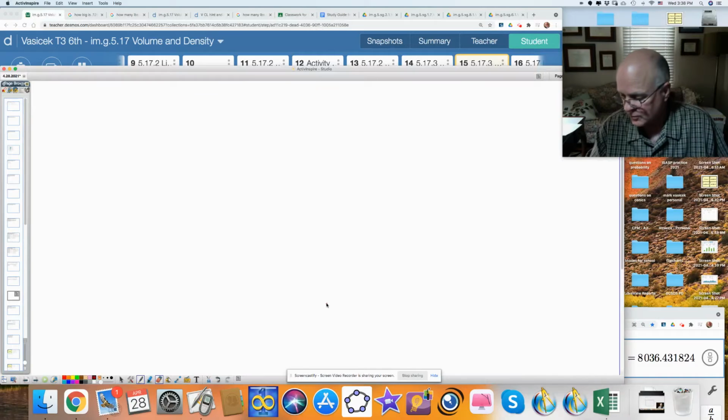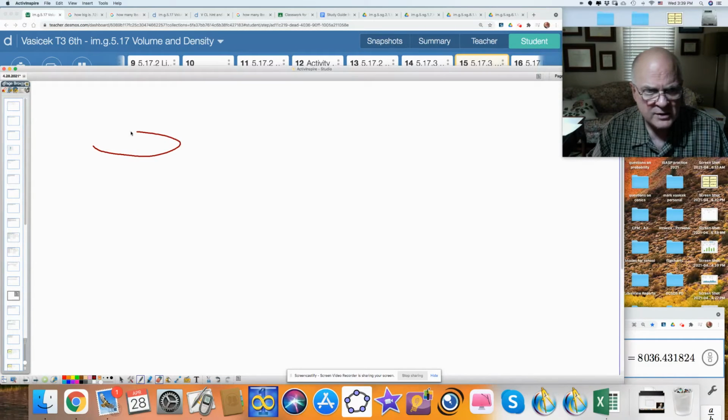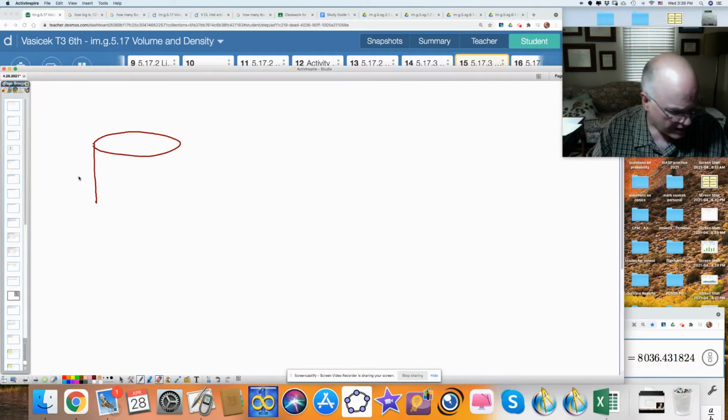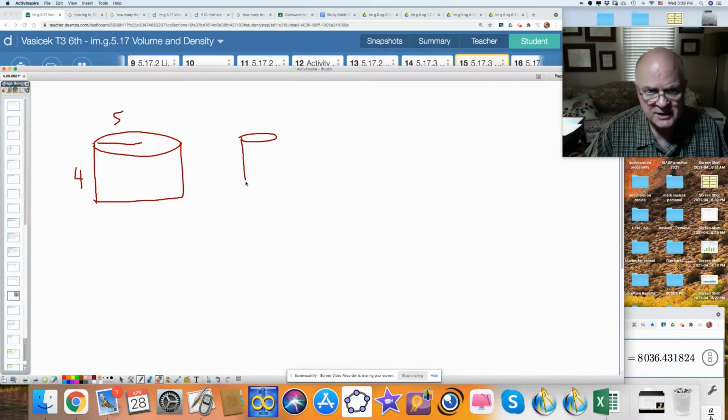So I have this cylinder inside a cylinder. The outer cylinder has a radius. They both have a height of 4. And the big one has a radius of 5. The small one, which we're going to cut out of the middle where the person's going to stand up, has a height of 4, and it has a radius of 2.